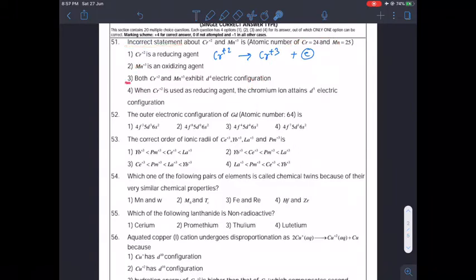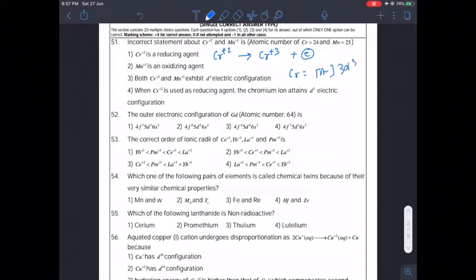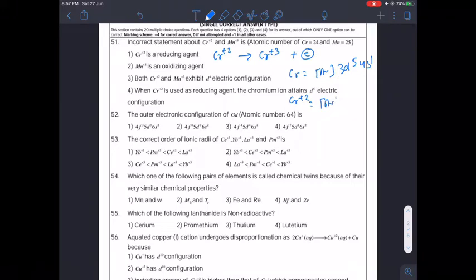Moving to the third option: both chromium plus 2 and Mn plus 3 exhibit D4 configuration. You can do that anyway. The chromium configuration is Argon 3D5 4s1. Because they are asking about chromium plus 2, chromium plus 2 will be Argon 3D4 and 4s0.